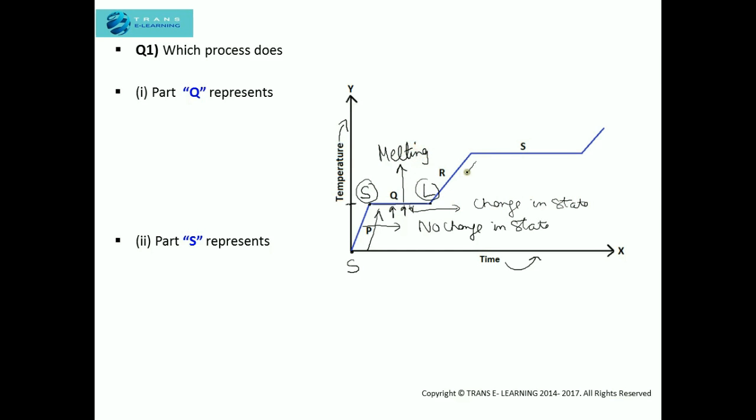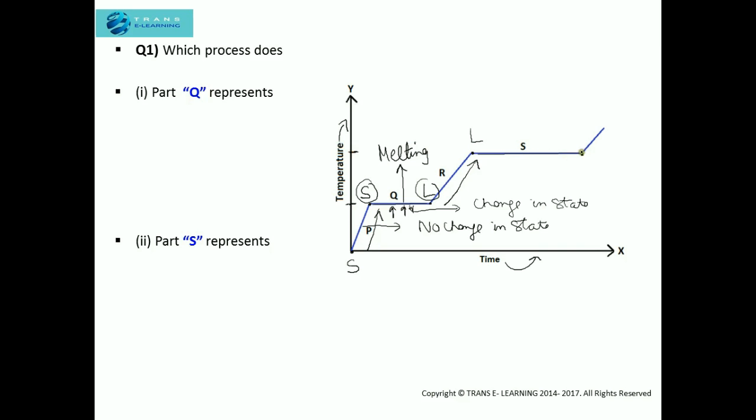On further heating, the temperature of the liquid will rise, and at this point also we will be having the liquid phase of that material, and at this point there is a horizontal line, there is no change in the temperature, so this represents the change in state.